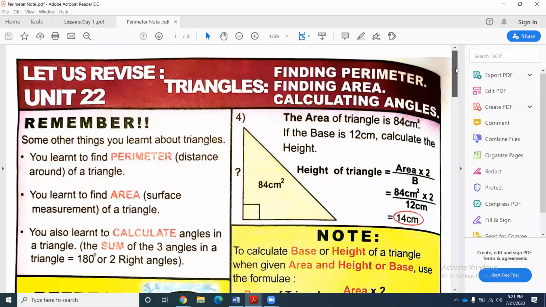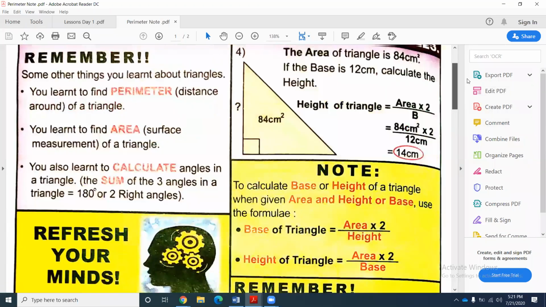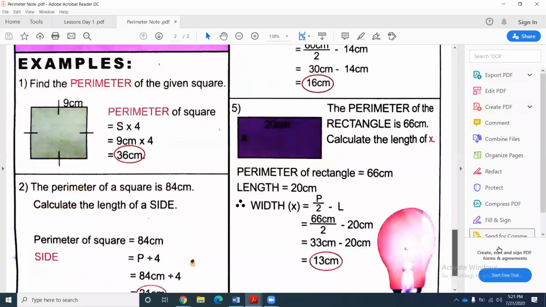With regards to perimeter of a square, 9 by 4. They also might tell you find side. So perimeter is given. You find it by finding side by dividing. If you multiply to find perimeter, divide to find side.